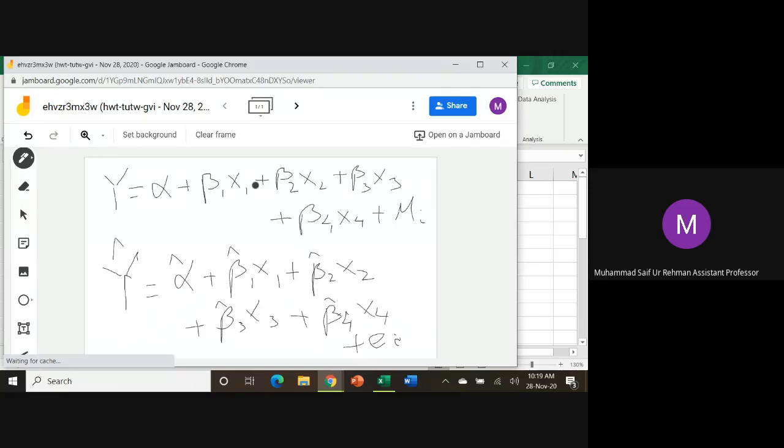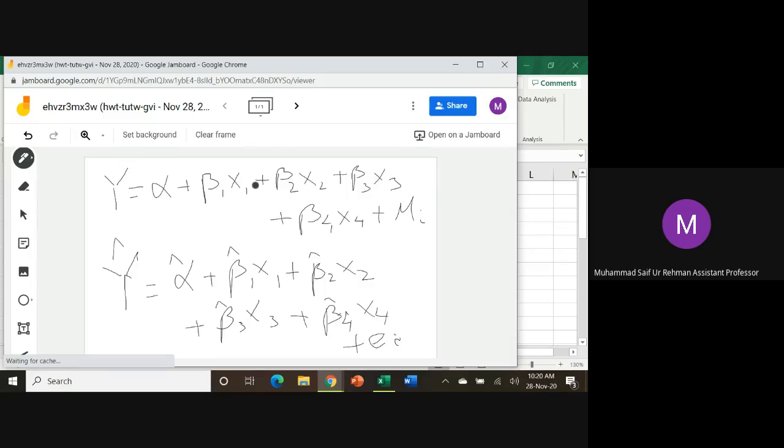If you see this model, there are four independent variables. Out of these four, x3 and x4 are dummy variables. I have explained the concept of dummy variable, that these take value 0 or 1, and you define these values deliberately. It is up to you what is going to take value 0 and what is going to take value 1.